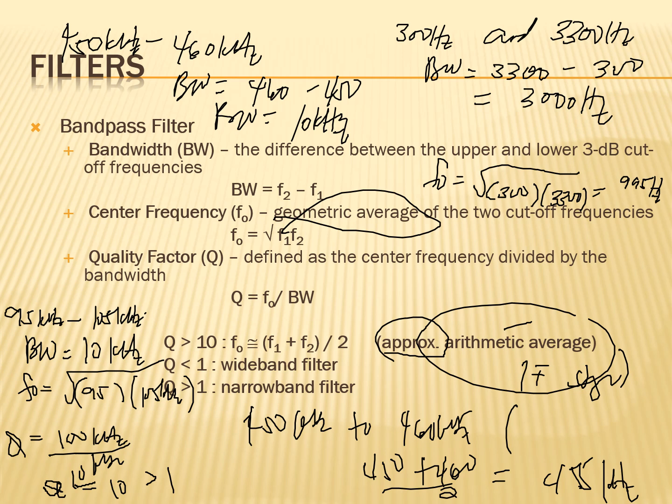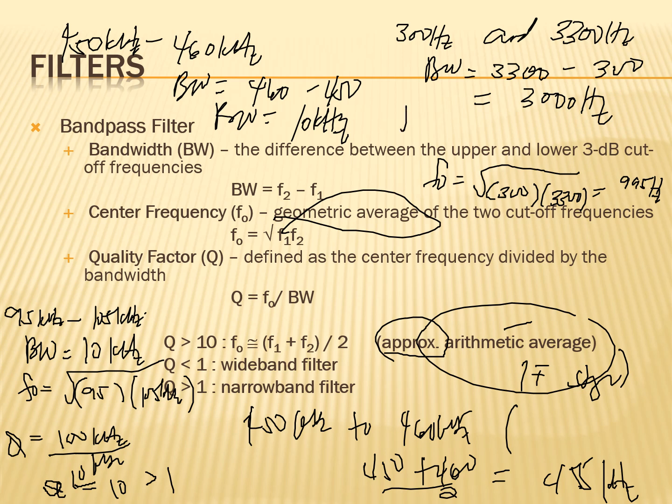On the other hand, if we're going to make use of this one, for example, we have a difference of 3,000, and then we have 300 and 3,300, so we get the average of 3,300 plus 300, which will give us 1,000.